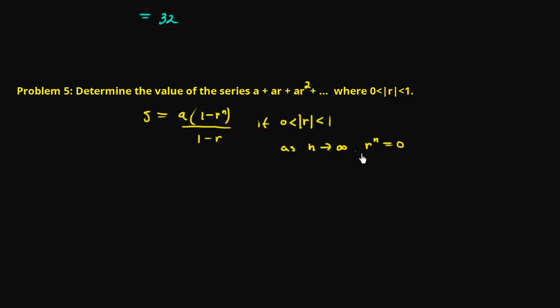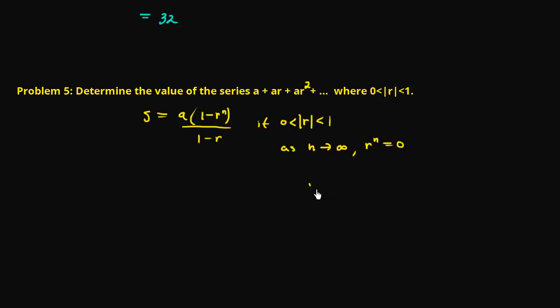And let's think about why that's true. Well, if r is between 0 and 1, that means it's a number like 1/2 or 1/3 or 3/4. It's a value that when I square it or cube it, it's going to be smaller than just r to the power of 1.